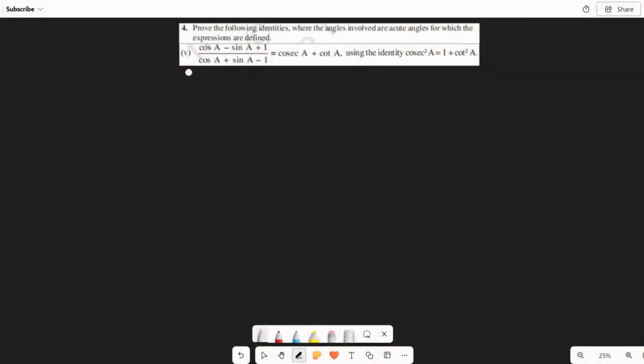Now moving on to the fifth question, we are asked to prove cos A/(1 − sin A + ... ) more precisely: (cos A − sin A + 1)/(cos A + sin A − 1) = cosec A + cot A. Let us take the LHS, that is (cos A − sin A + 1)/(cos A + sin A − 1).